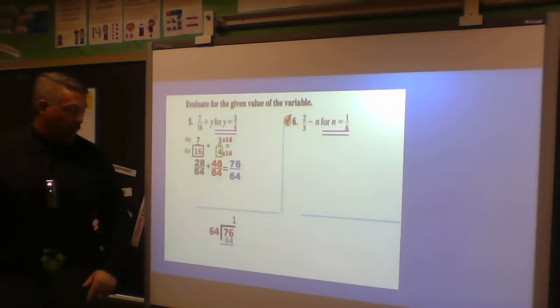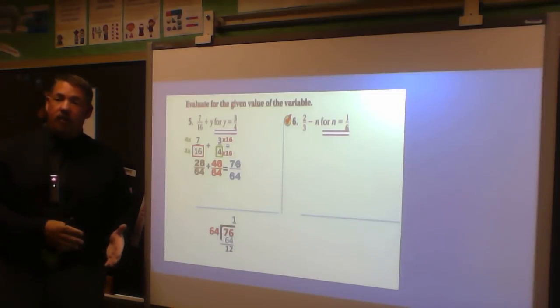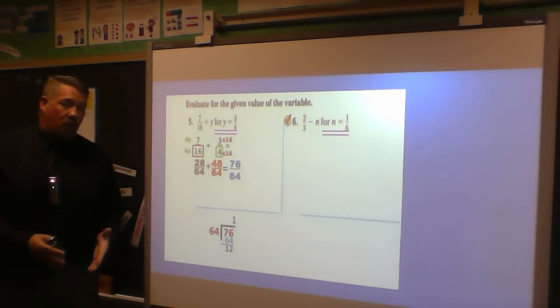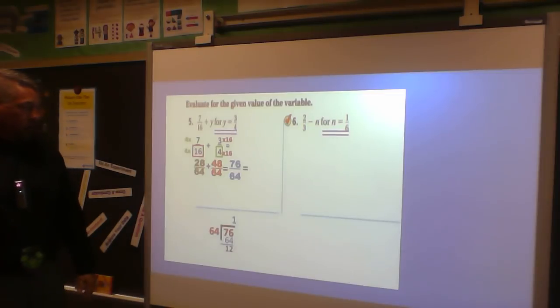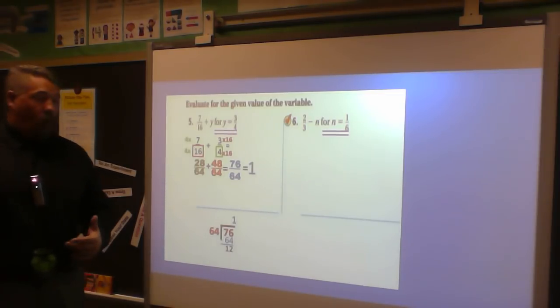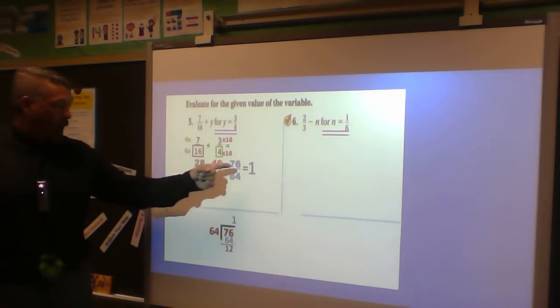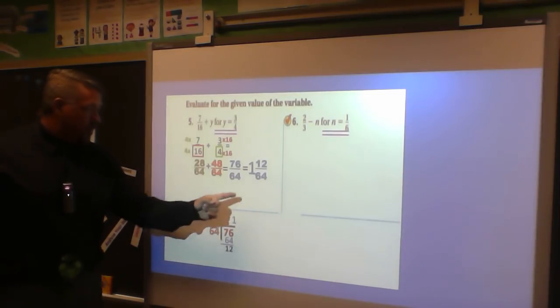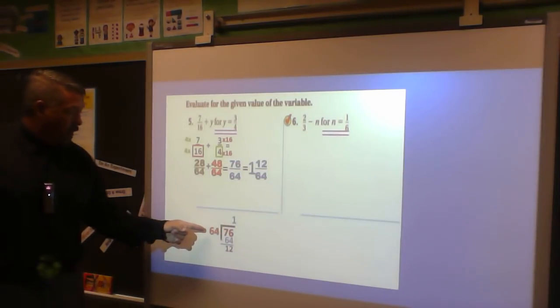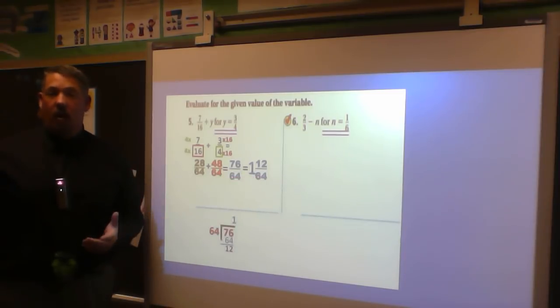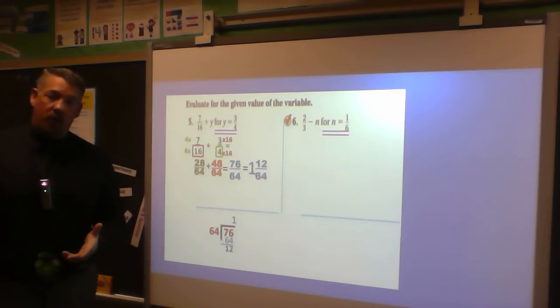Because when I type it into my handy dandy calculator, I have a 12 left over. Well, my remainder is always my numerator. And my divisor will always stay the same. So I have one whole with a remainder of 12 for my numerator, and my divisor of 64 is my denominator. Now I have to reduce.